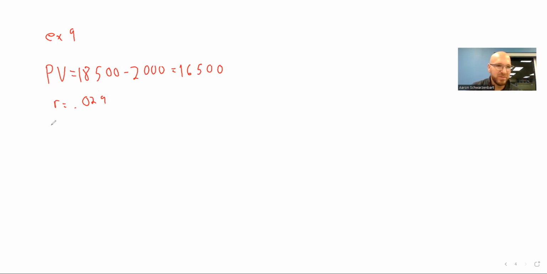What are his monthly payments? That's R, what I'm looking for. T is 4 years. He gets 4 years to pay this off. And if it's paid monthly, we're compounding monthly, so n is 12.